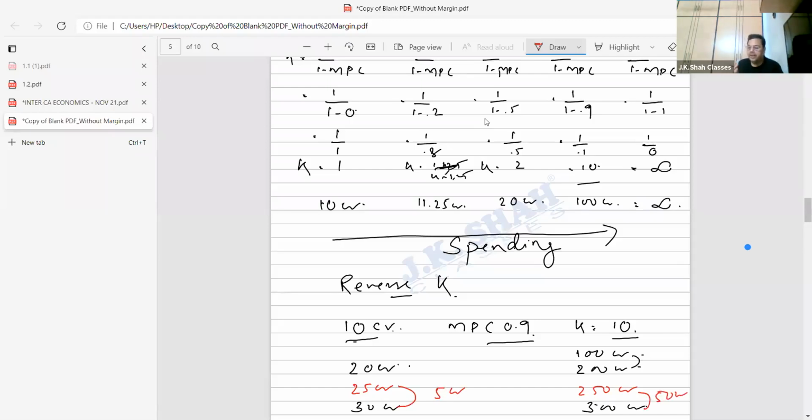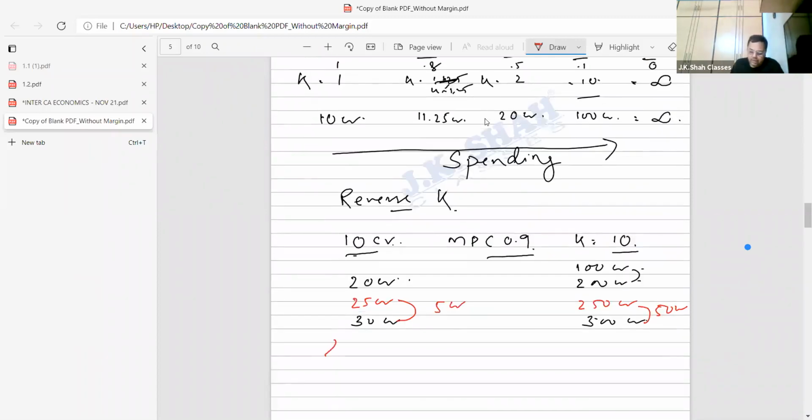So how multiplier works in the forward direction, it also operates in the reverse direction. If increase in investment leads to increase in income, then decrease in investment also leads to decrease in income in that proportion. That is the first point.